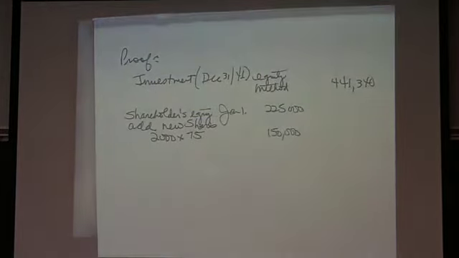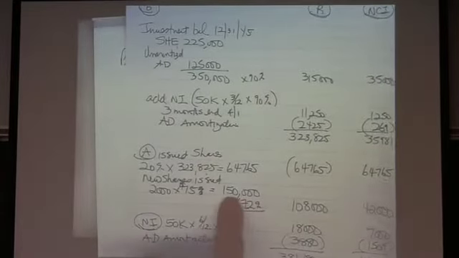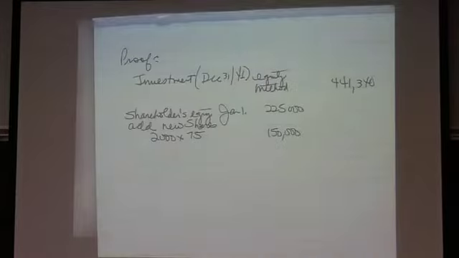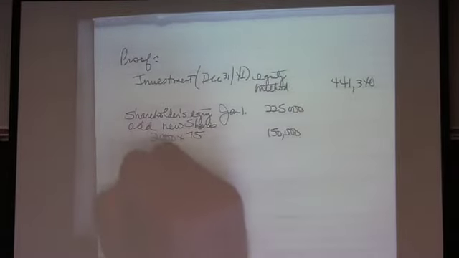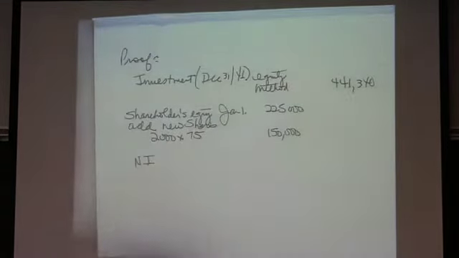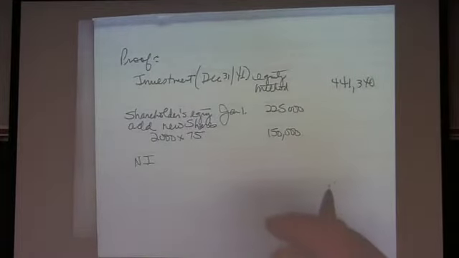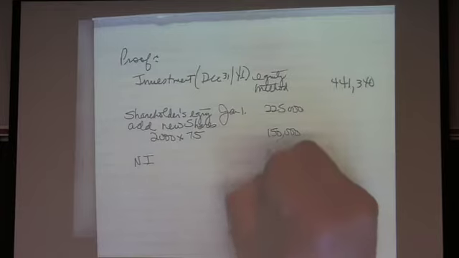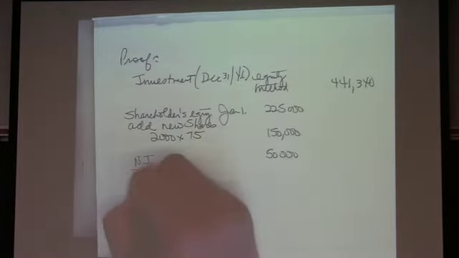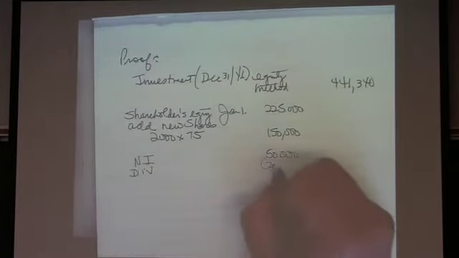So we know that we added those new shares on April 1st. We're going to add net income. All we're trying to do is figure out the shareholders' equity section of Argyle, right? And dividends, to give us 405.